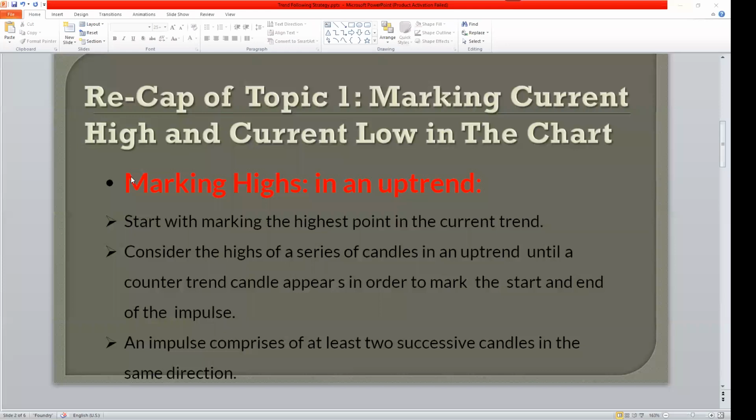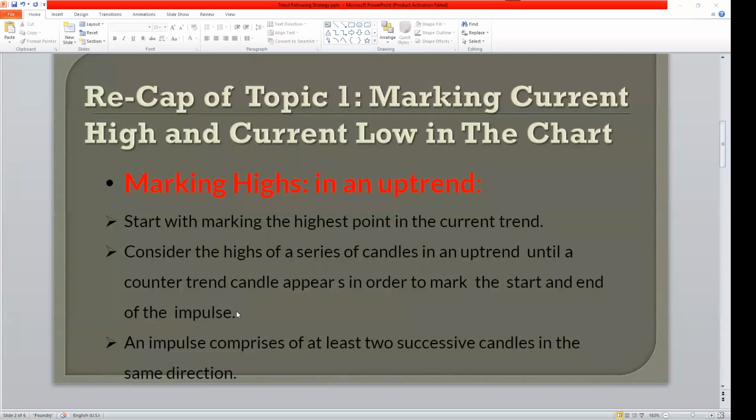So when you're marking the highs, you start with marking the highest point in the current trend, and you consider the highs of a series of candles in an uptrend until a counter trend candle appears, in order to mark the start and end of the impasse. What do I mean? Having marked the high of that impasse, you want, of course, to establish what was the low of that impasse.